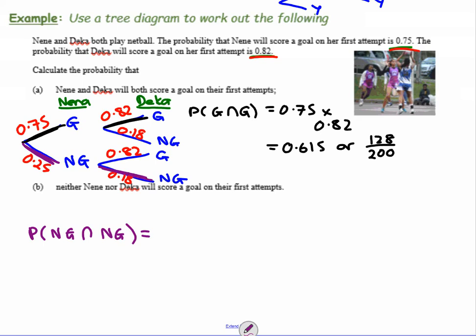So we're going from here to here, so we need to multiply those two probabilities. 0.25 multiplied by 0.18 should give us 0.045 or 9 over 200 as a simplified fraction. So as I said, you notice that we're multiplying as we go across the diagrams. That's important. So now let's move on to the next page.